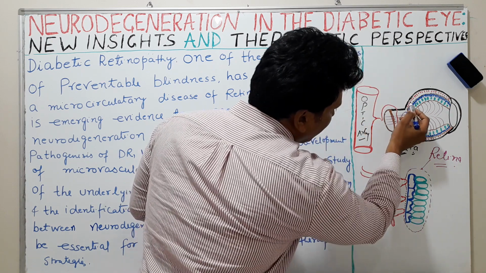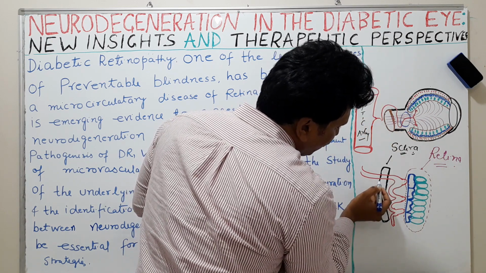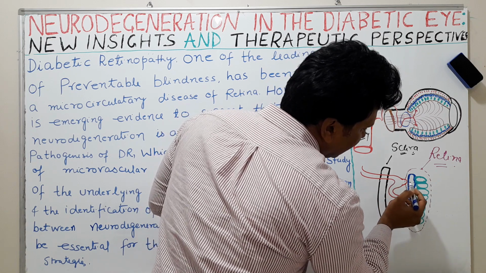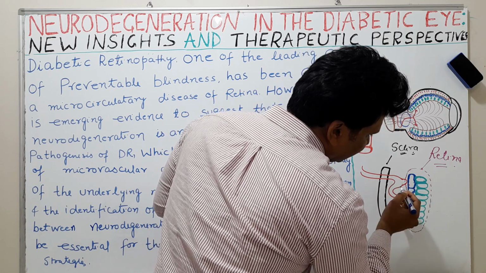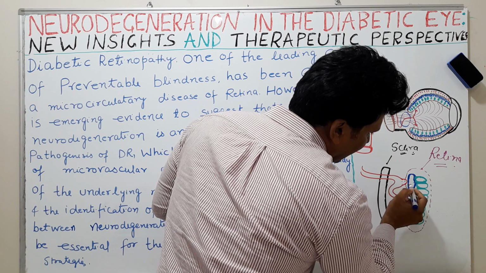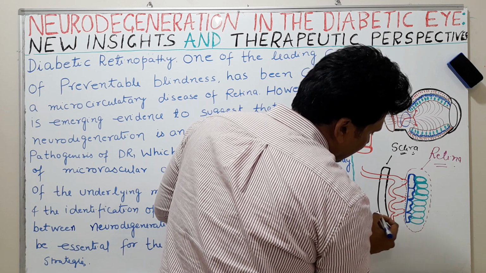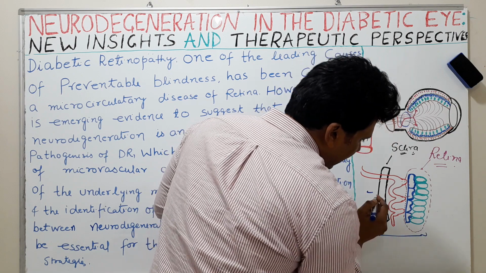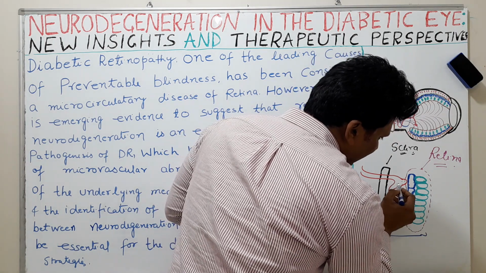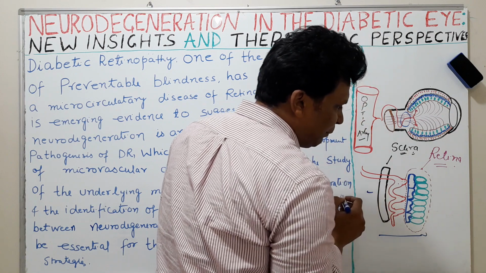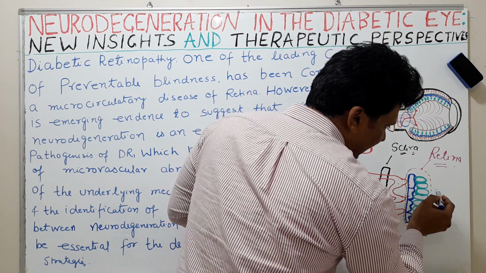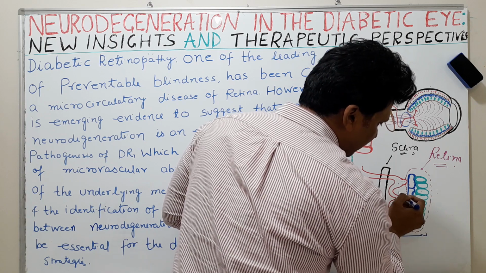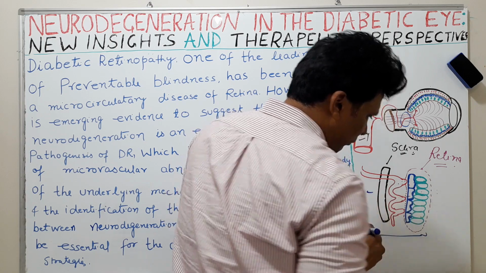This is the outer part, the sclera, and these are the blood vessels supplying blood to the inner layer of the retina. So basically this article is saying that the problem is first in the blood vessel, and then it plays a role in the development of retinal neurodegeneration, or that retinal neurodegeneration then causes problems in the blood vessels.